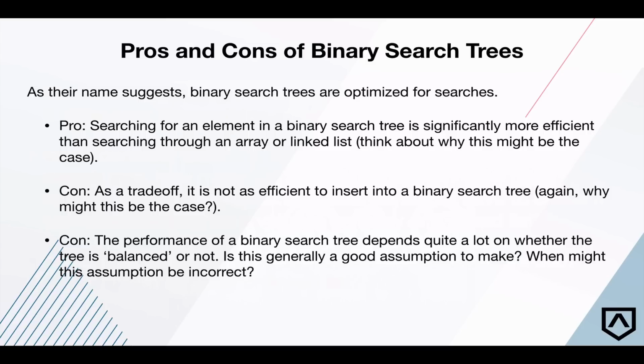And how would that adversely affect the performance of our binary search tree as a result? Again, those are some important questions to ask yourselves to flesh out how binary search trees work as a data structure, and important questions to work through and figure out for yourselves.